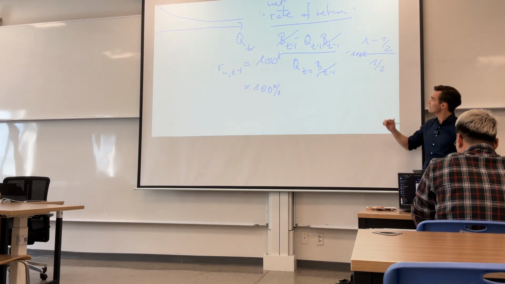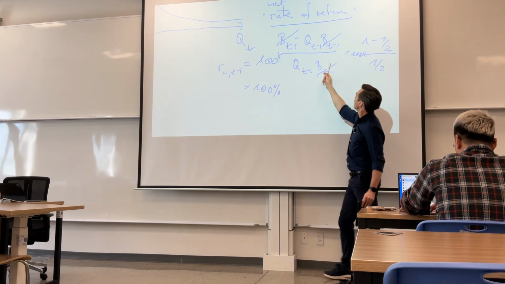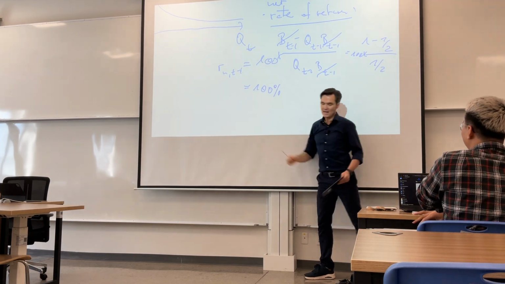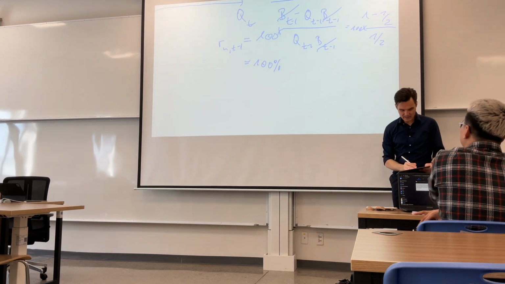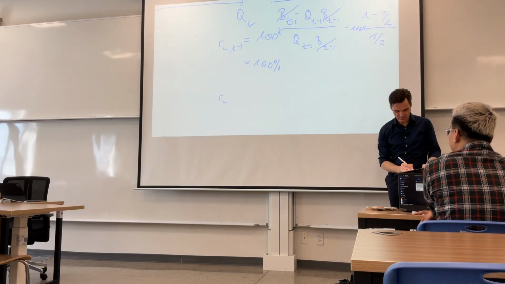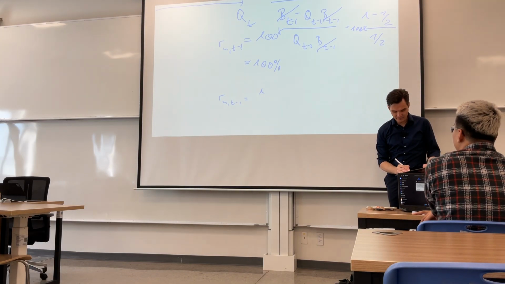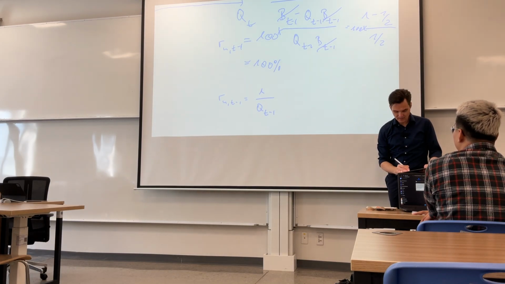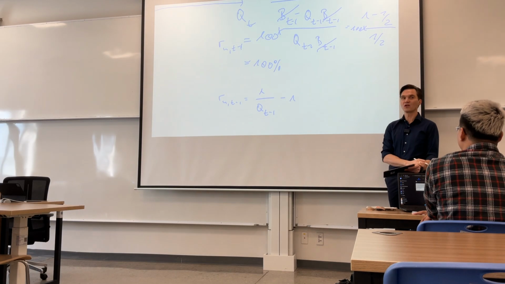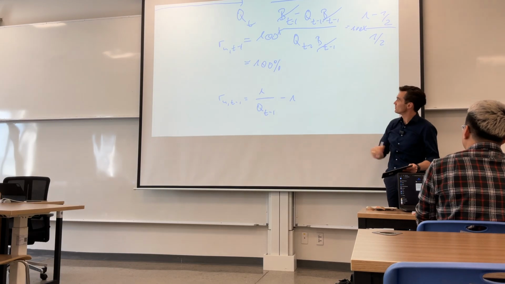Now we can write this net rate of return by crossing out the B's here as Rn comma t minus 1 as 1 divided by Qt minus 1, minus 1, right? That's an equivalent way of writing this little form.